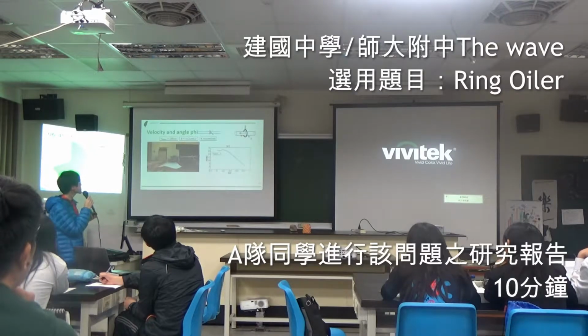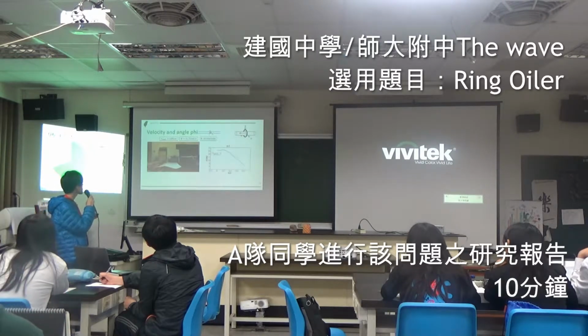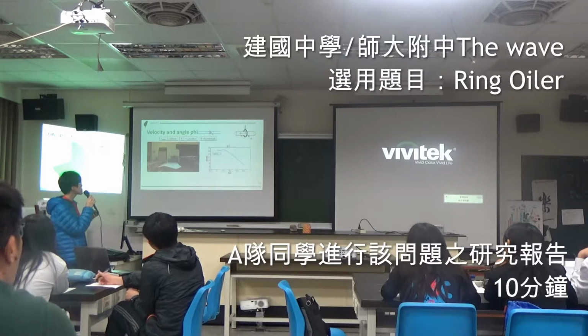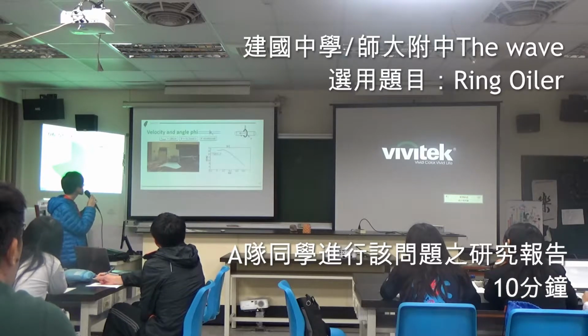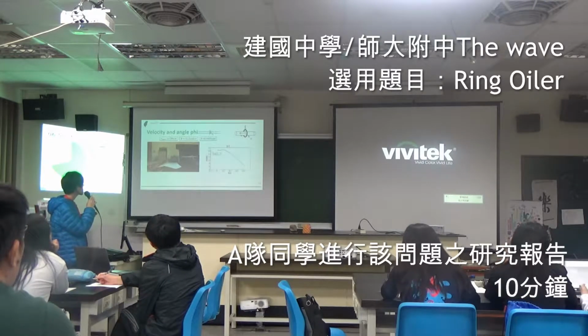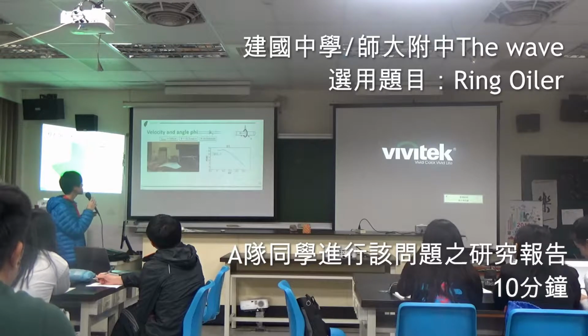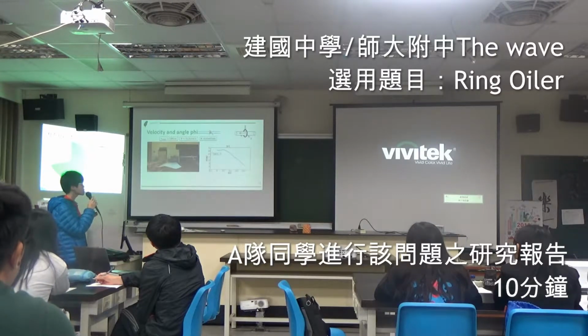And also I do an experiment about the velocity and my angle phi. In this experiment, the R of the ring is 3.85, and the omega of the ring is 11.21, and the phi is 0.4342.